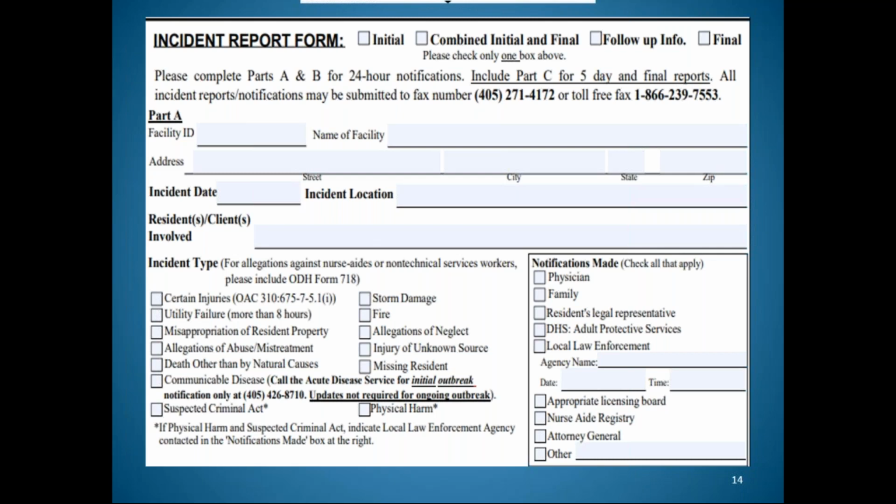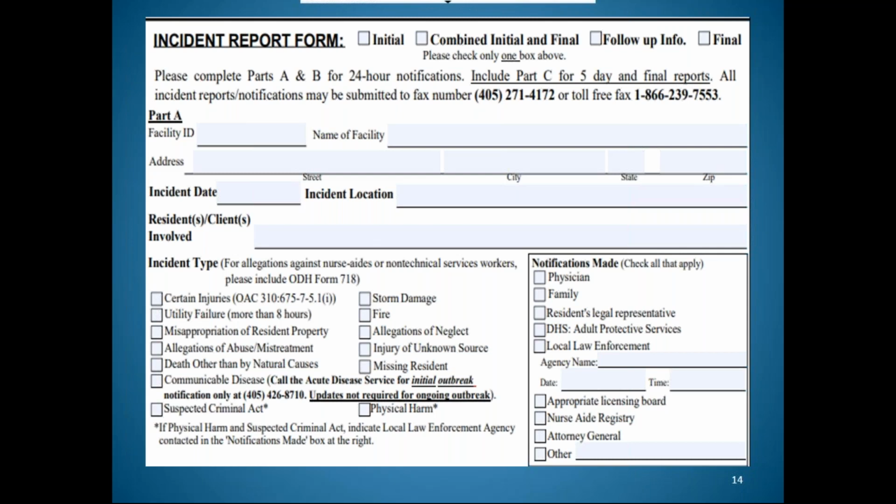At the top of the form are 4 boxes. It says initial. This is when you're sending in your initial report within that 24 hours or whatever time frame is determined by that regulation. Then you're going to have the combined initial and final. If you're able to combine the initial and final in that 24 hours, you can just submit that and you're all done with it.